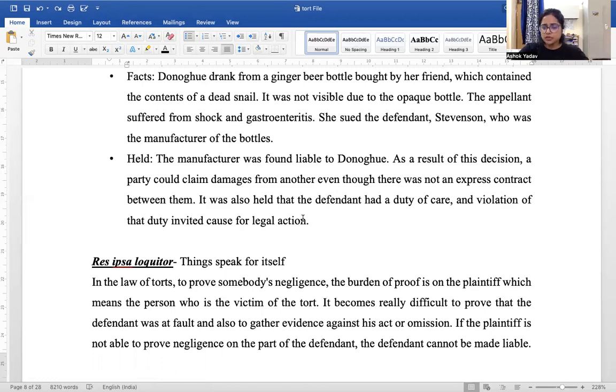Because everyone who is consuming that drink from that bottle would be presuming that what I'm drinking is safe to drink. So of course, you owe a duty towards every consumer who is consuming your product, and there was a violation of that duty by you, and the person suffered some loss. Therefore, the manufacturer, that is Stevenson, was held liable in this case.